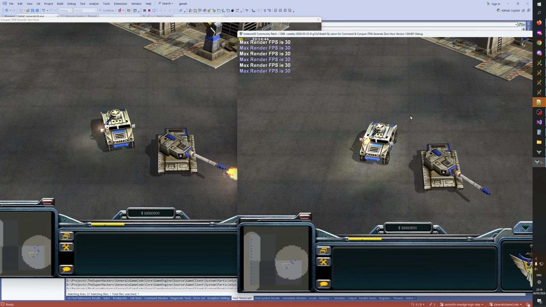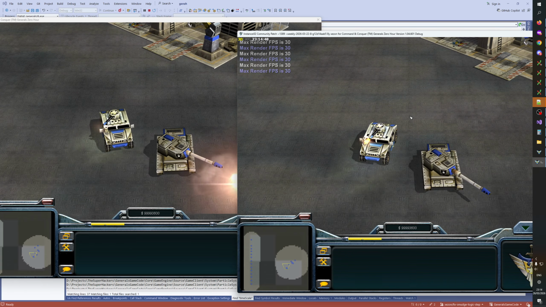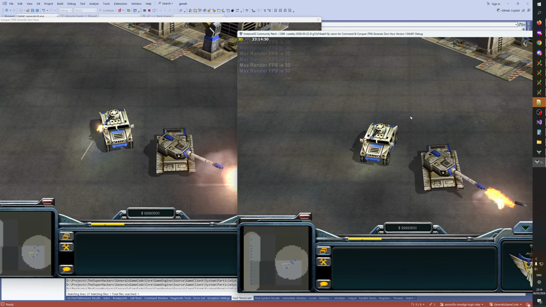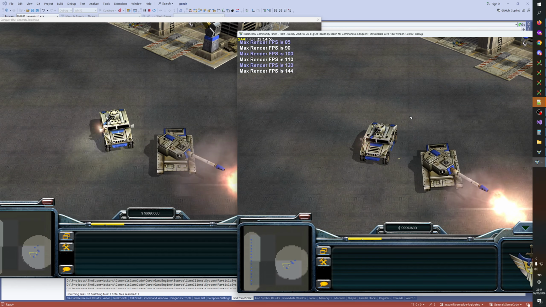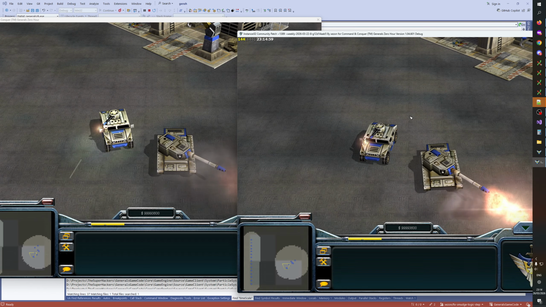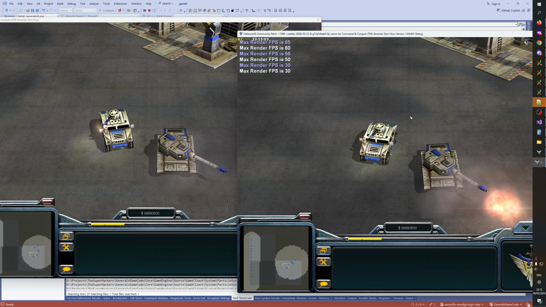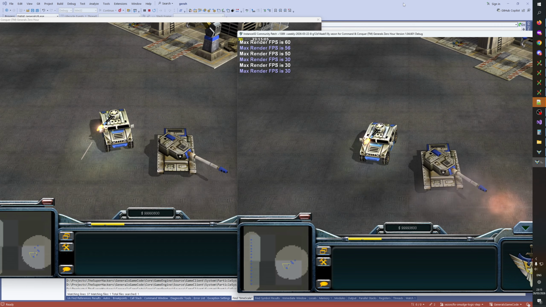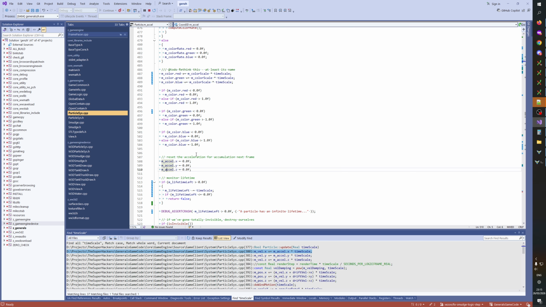Could it be that there's just more particles being spawned? Because the lifetime is 0 or something? Or like the burst time is 0? Maybe? I have a suspicion.